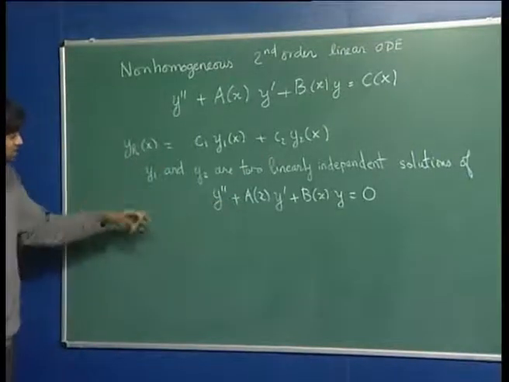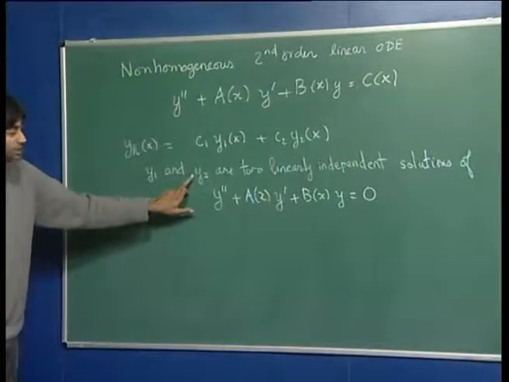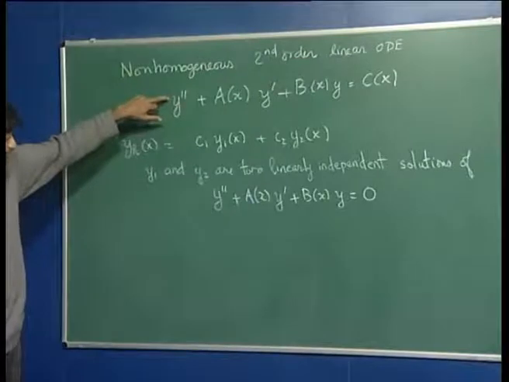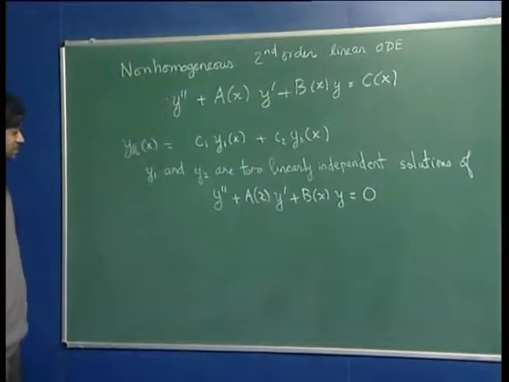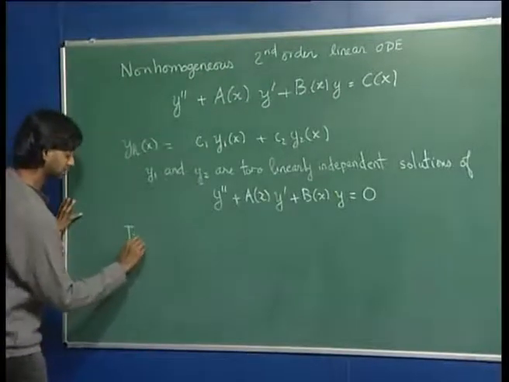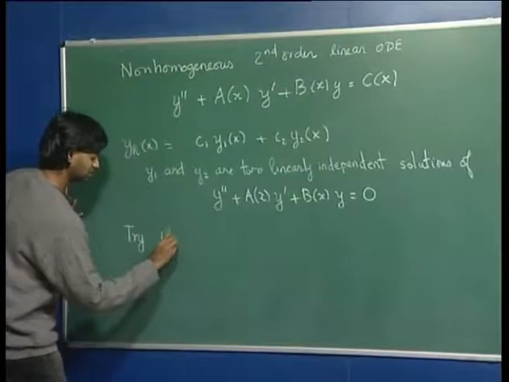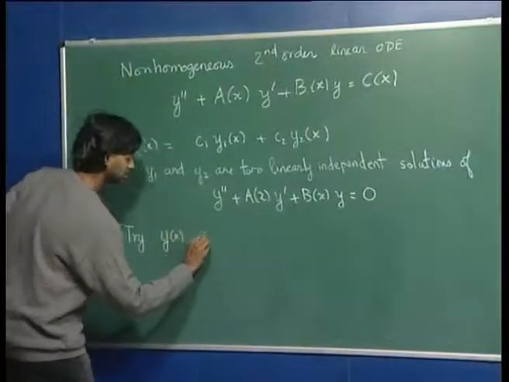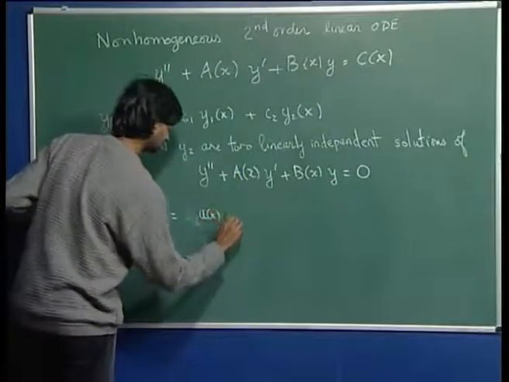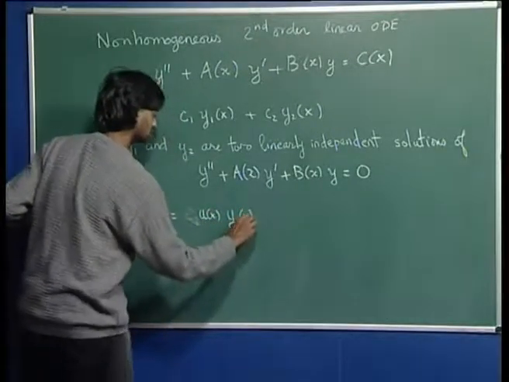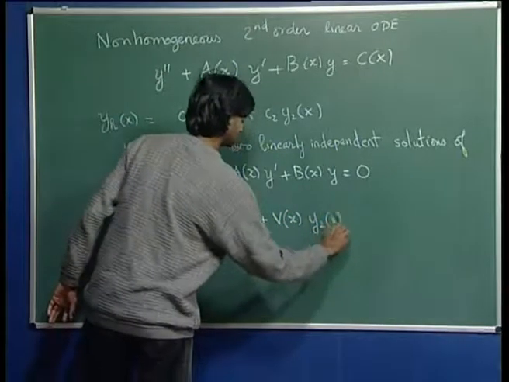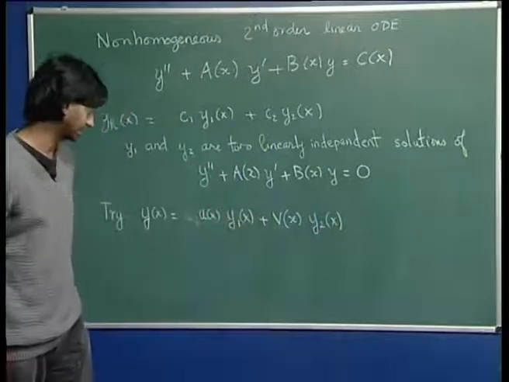Now, if y 1 and y 2 are known, then you can find a general solution for this equation, and you can use a method called variation of parameters. So, you try y of x equal to u of x y 1 of x plus v of x y 2 of x, where u and v are some functions of x.